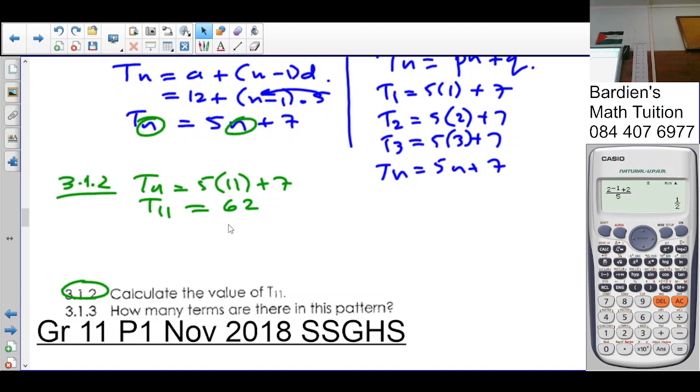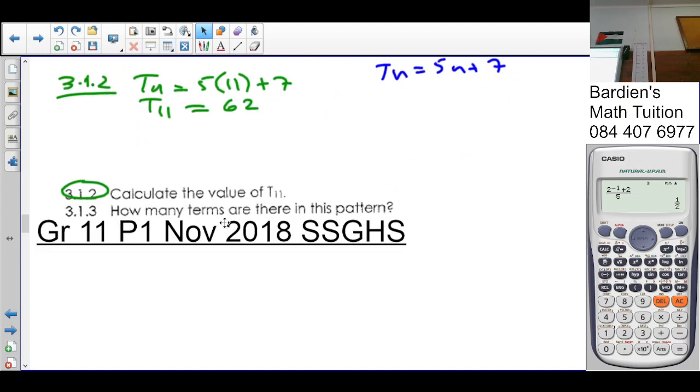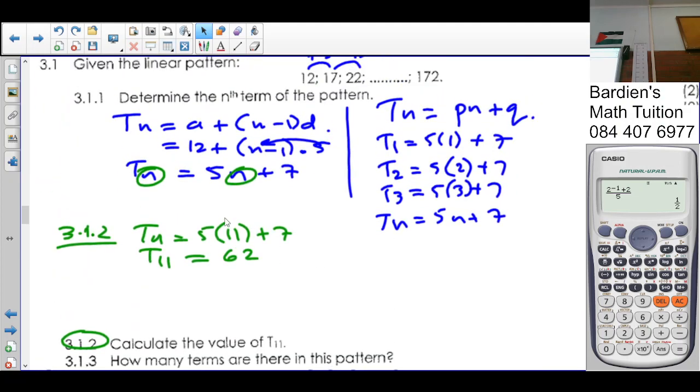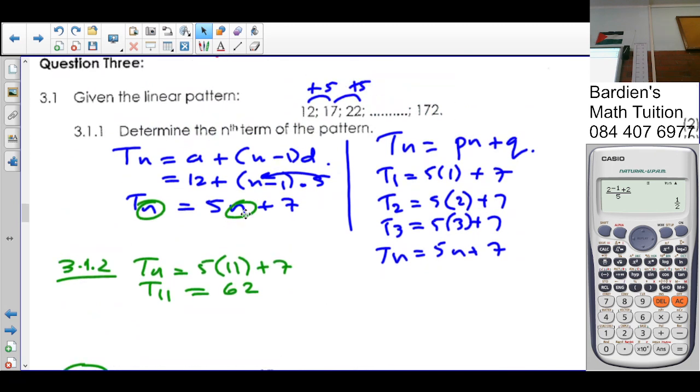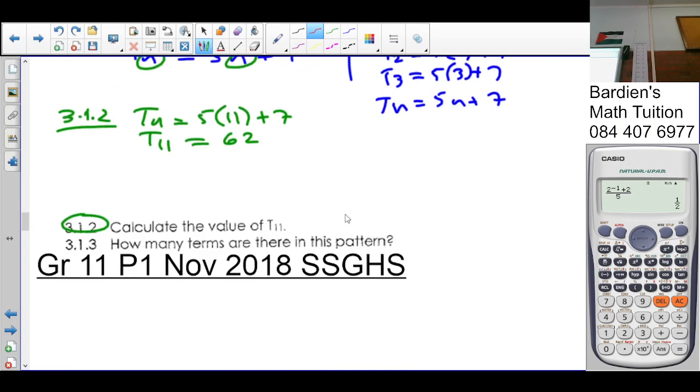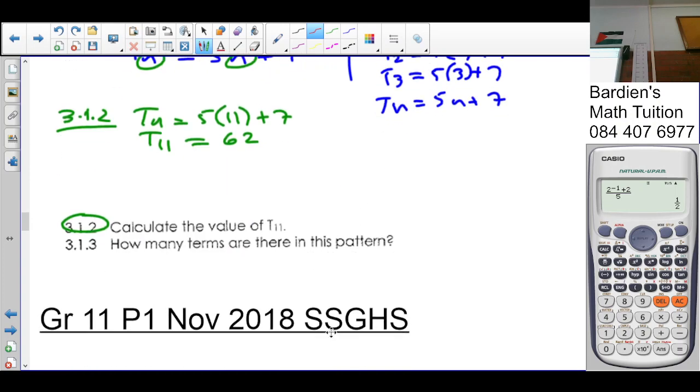Okay. The next question says, how many terms are there in this pattern? So if you look at the pattern, the last term of this pattern is 172, not so? So this pattern carries on and it ends off at 172. So 3.1.3: Tn is equal to 172.